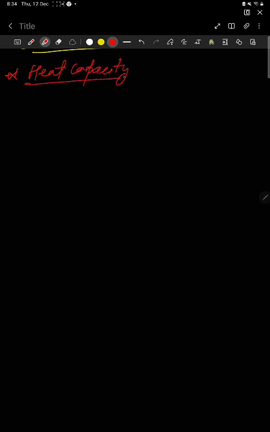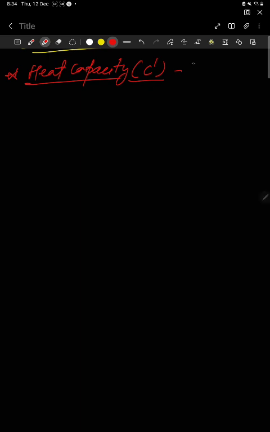Before defining specific heat capacity, let's define one more term: heat capacity. It is represented by C dash. In some books it is represented by some other letter, but for the ICSE board, in the Selina book, it is represented by C dash.